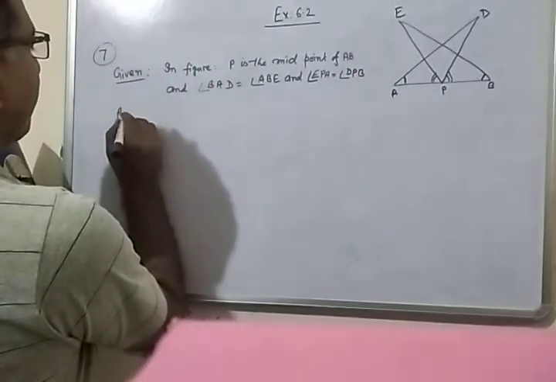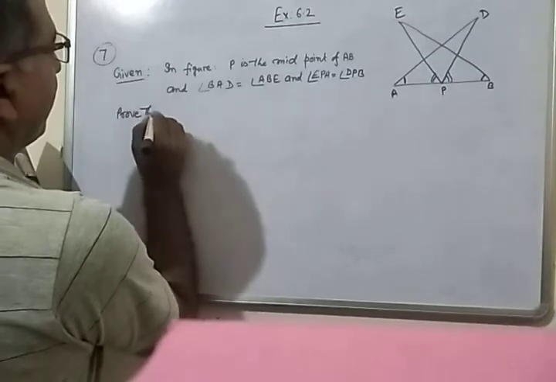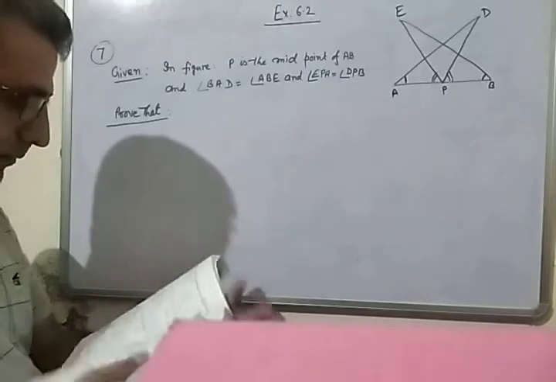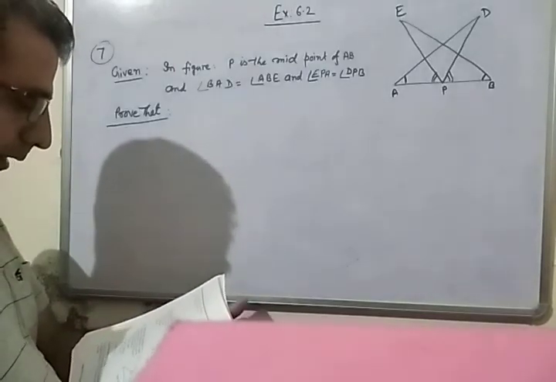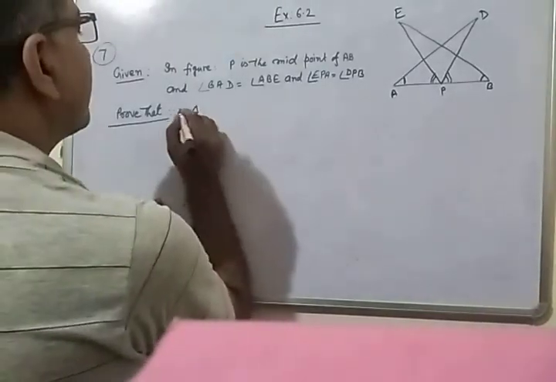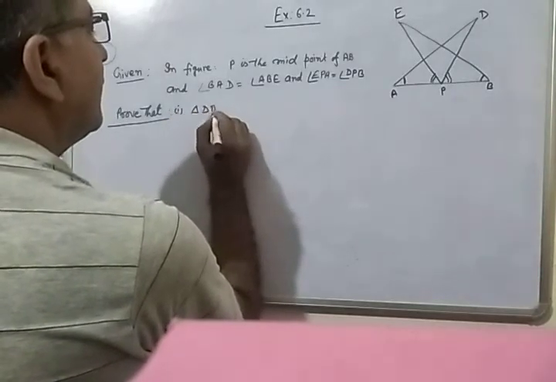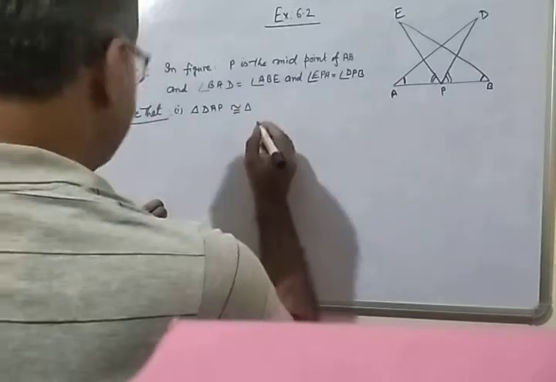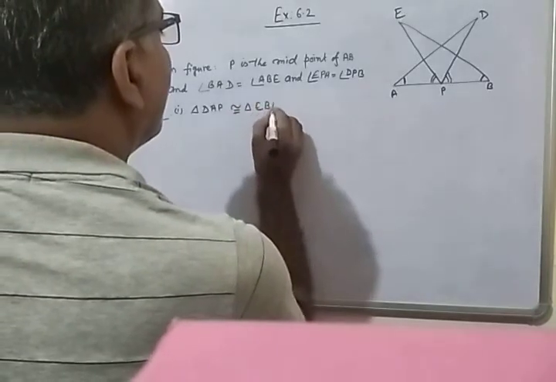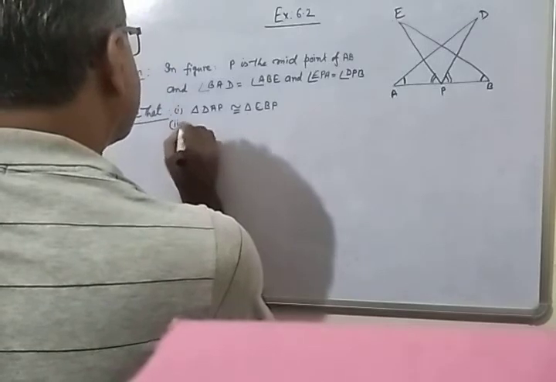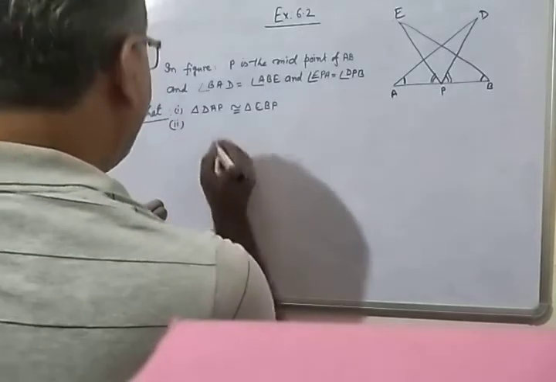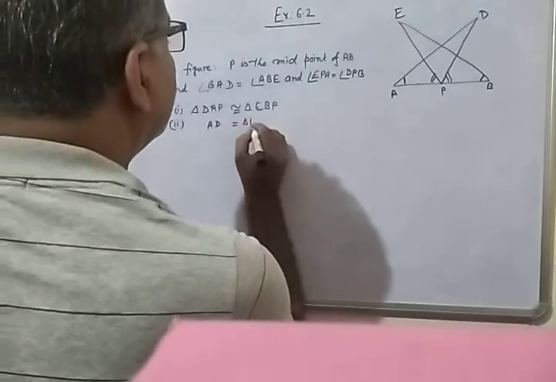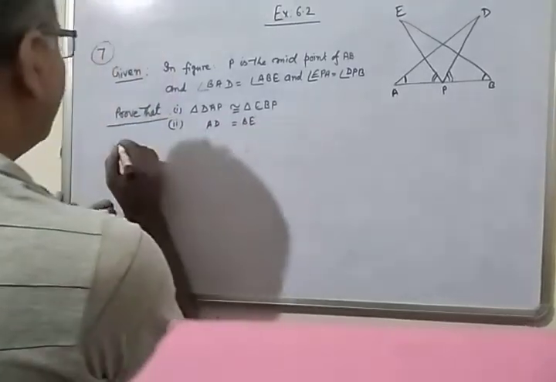Prove that there are two parts. The first part is triangle DAP congruent to triangle EBP, and the second one is AD equals BE.